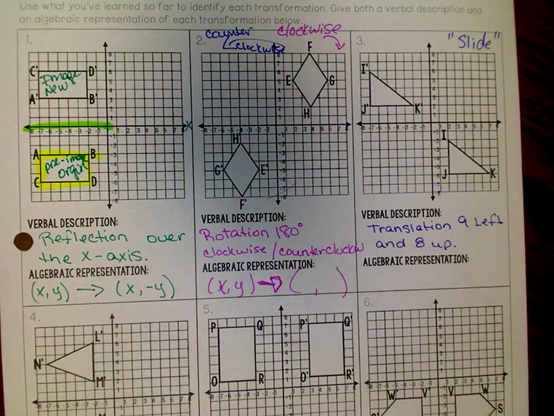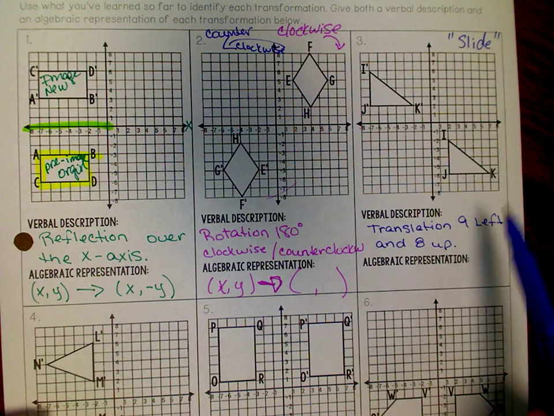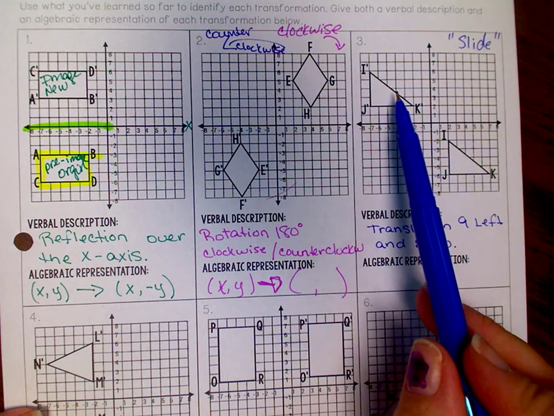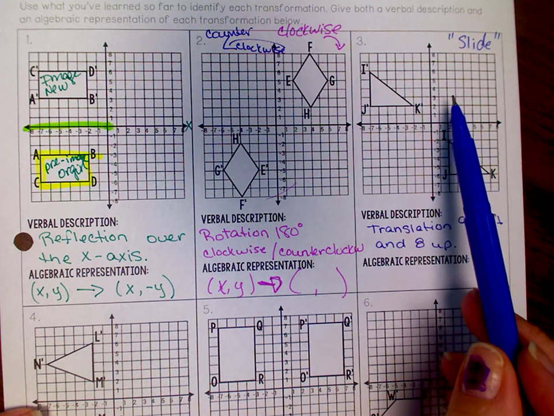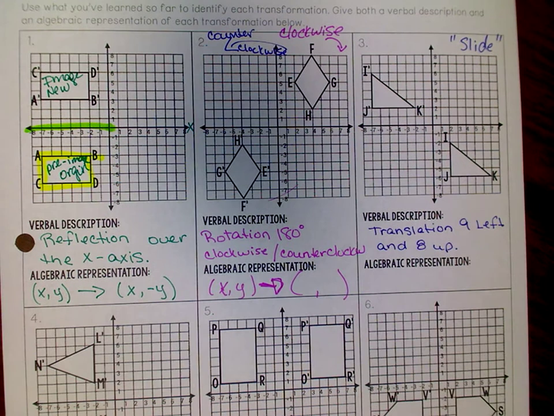But it is a translation. Trans really means it's a movement. So translation is we're sliding over. So we went 9 left and 8 up. Or we could have gone 8 up and 9 left. We would have still ended up in the same spot.